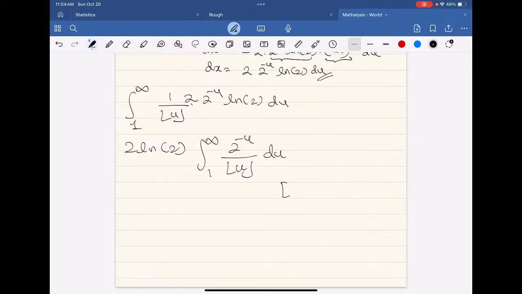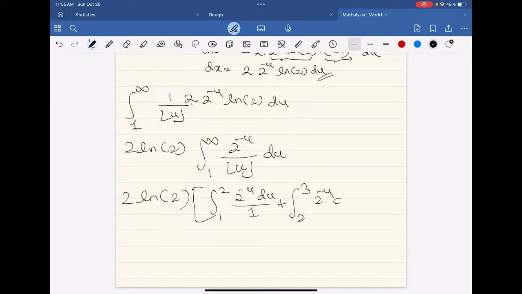So what we can do is break this integral into different parts. Let's say from 1 to 2, where the floor will evaluate to just 1, plus 2 to 3, where the floor will just evaluate to 2, and go on in the same way up to infinity.